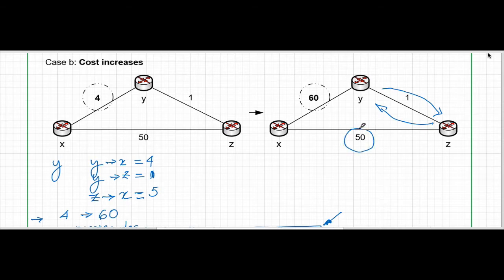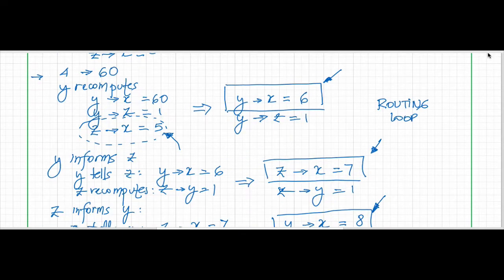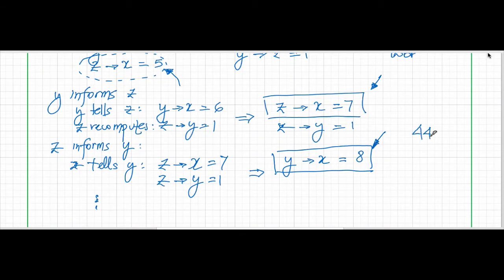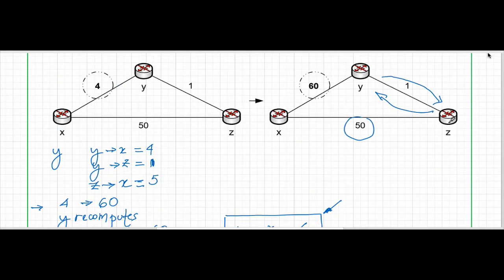And you can check that, and you see that it takes a total of 44 steps to do this. And this stems from the fact that Z is telling Y, C is not telling Y that it is actually using Y to reach X. And that's the main problem that we have here.